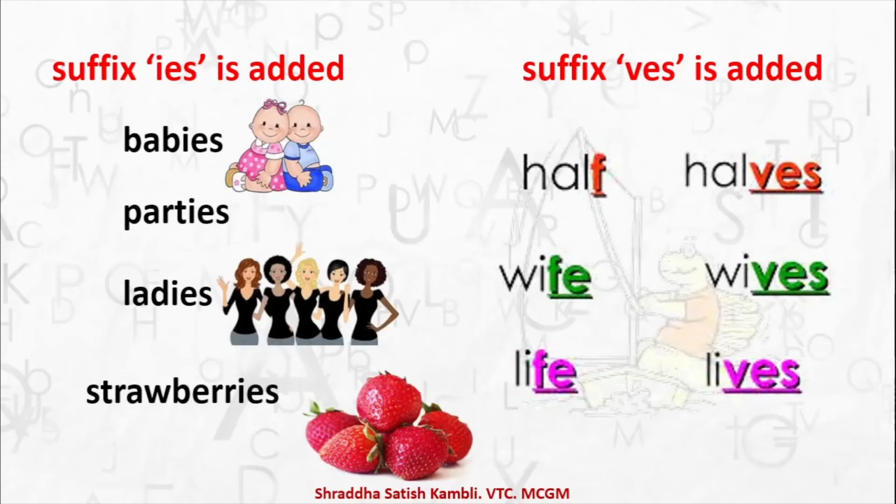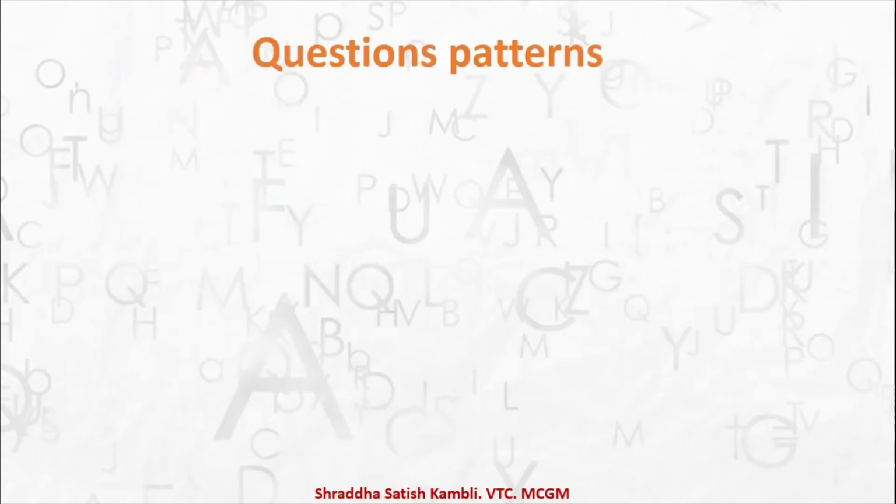Now children, we all know that we are doing a lesson in scholarship. So whenever we do a lesson in scholarship, the main intention of our lesson is to try to solve questions. And then we try to solve questions according to the pattern of the questions in the scholarship examination paper. So let's take a look at the question patterns which can come based on suffixes.